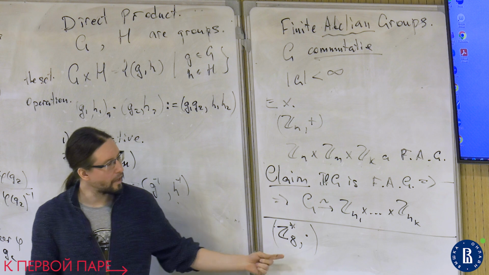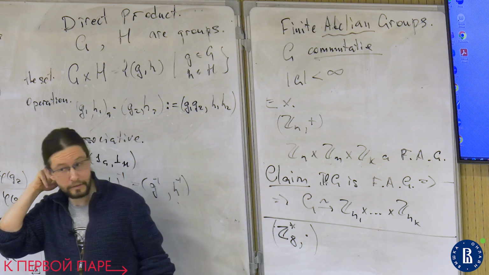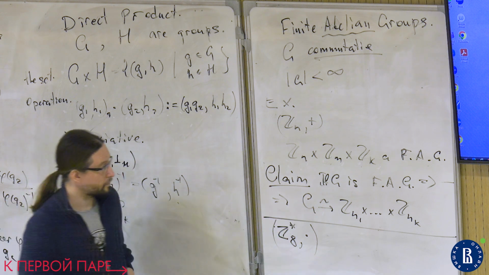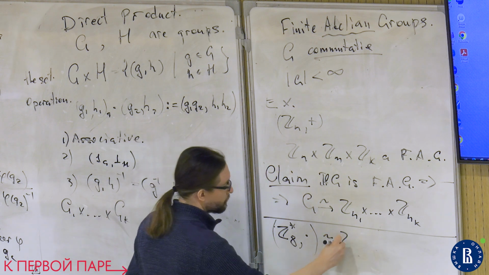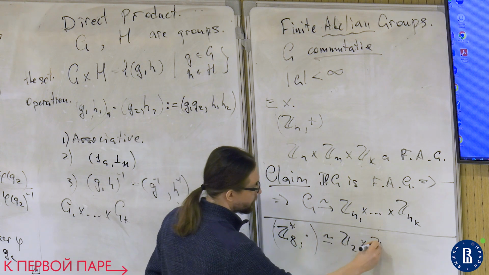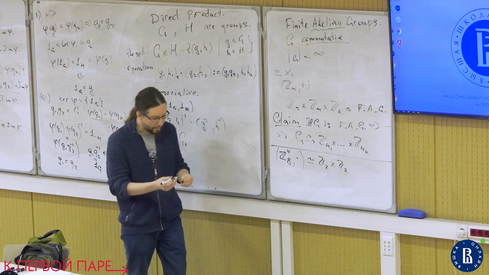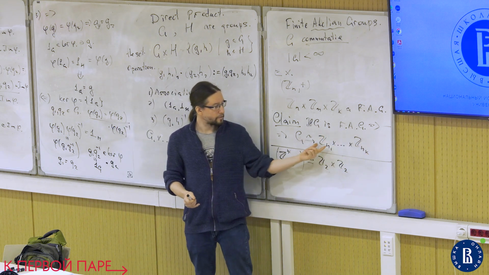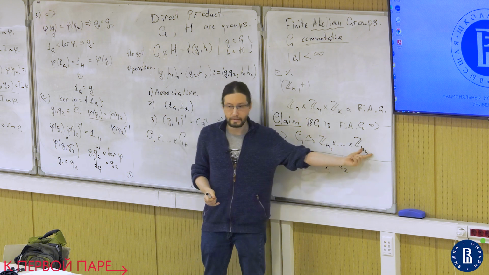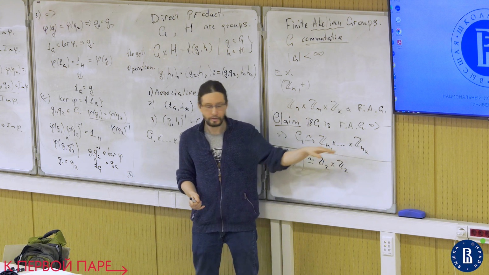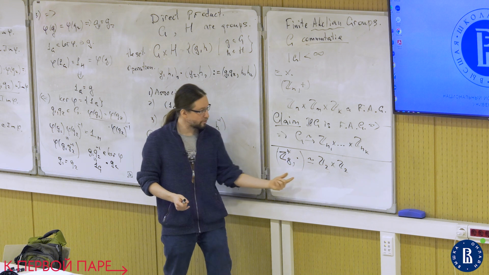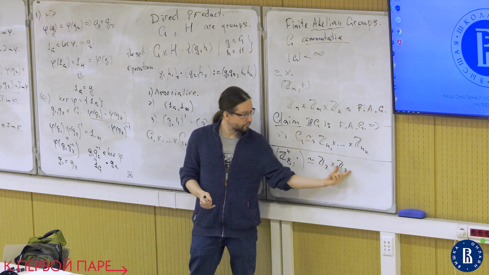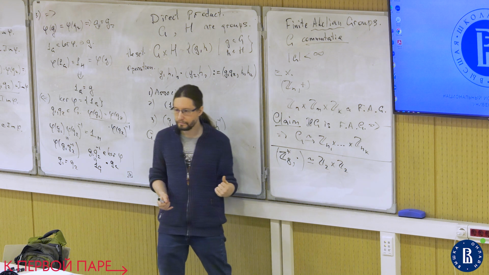So it must be isomorphic to a group like this. And actually, there is an isomorphism to Z2 times Z2. And by the way, what I didn't say, the operation here is addition modulo n1 and k in each coordinate, okay? So the operation here is multiplication, and the operation here is addition modulo 2 in each factor.